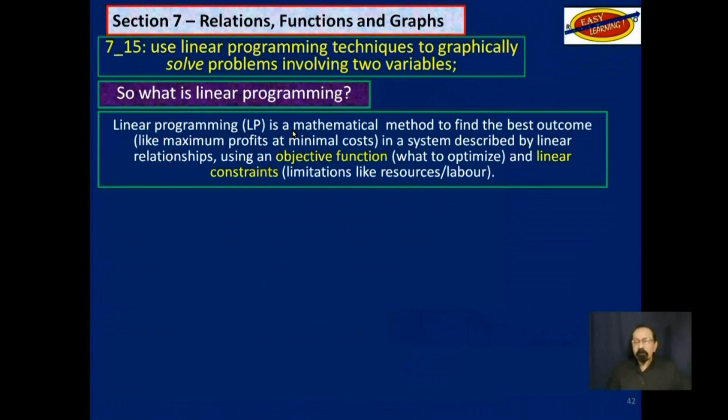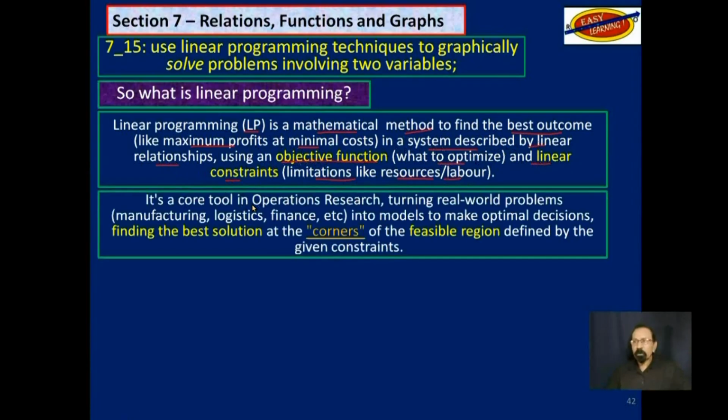Linear programming, and you don't have to memorize these, but you have an idea what it is. Linear programming, LP, is a mathematical method to find the best outcome, like maximum profits at minimal cost, in a system described by linear relationships using an objective function, we will talk about that just now, what to optimize, and linear constraints, the limitations like resources and labor.